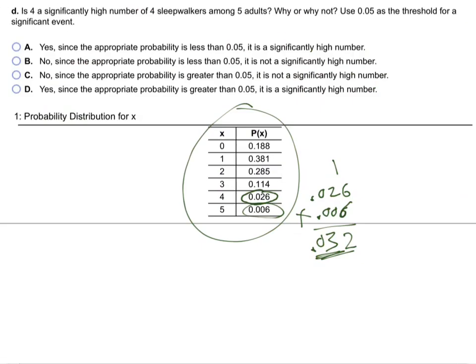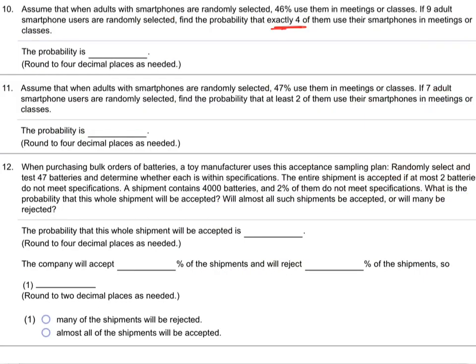Like the last one, we had the table. We just said exactly 4, 0.026, and that was great. But there's no table here on number 10. How do you do the exactly 4, or the next one's going to say at least 2, when there's no table given to you? Binomial.